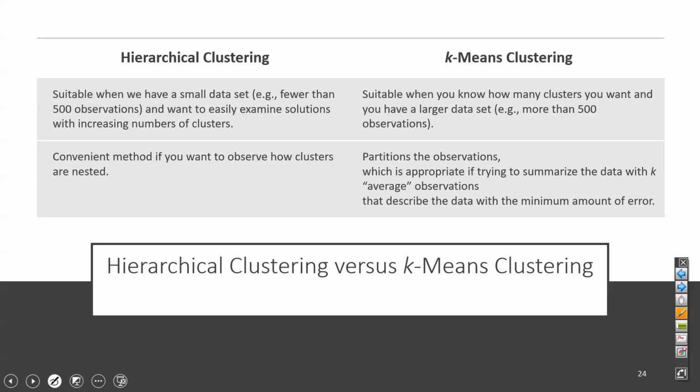But the good thing about hierarchical clustering is that you will be able to see visually how observations are put together in the process. For the k-mean clustering, it usually will be more suitable when you have more data.